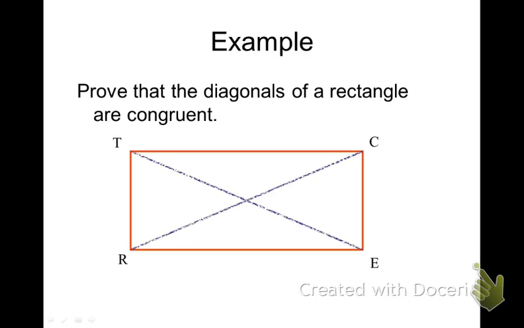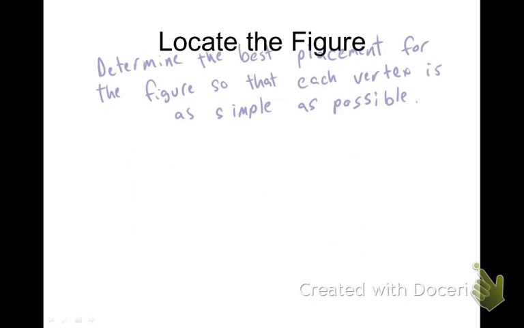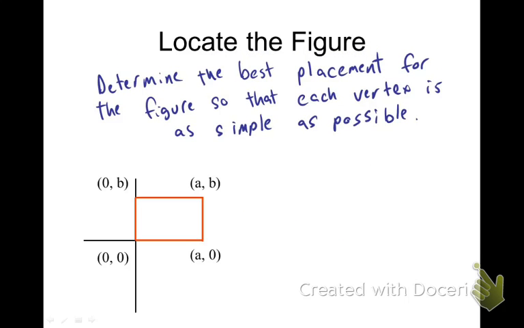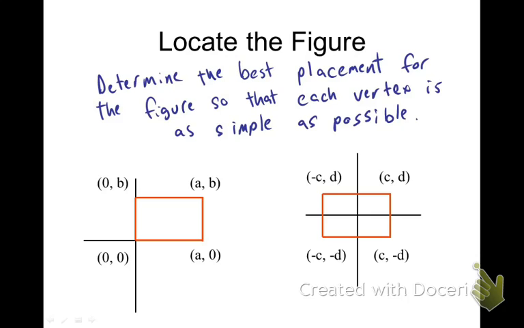So to start off with, we're going to need to know where to locate the figure. And generally speaking, the best place to locate a figure is either going to be in the first quadrant or centered on the origin. In this case, I think I want to always try putting it in the first quadrant first. You'll notice that even in the first quadrant we have variables that are unknown.